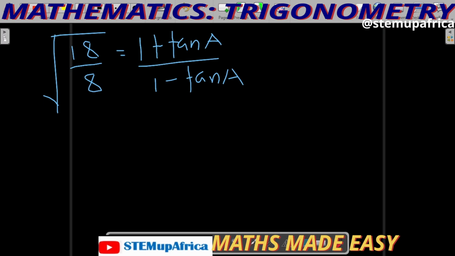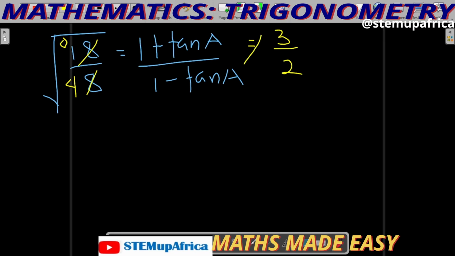We can start to cancel out if we choose to do so, using 2: here 9, here 4. And what is the square root of 9? That is 3. Square root of 4, that is 2. So the whole of this expression is equal to 3 over 2.